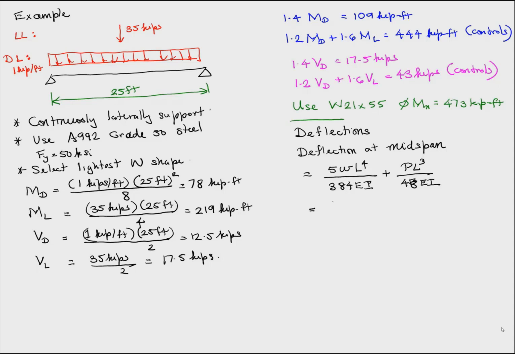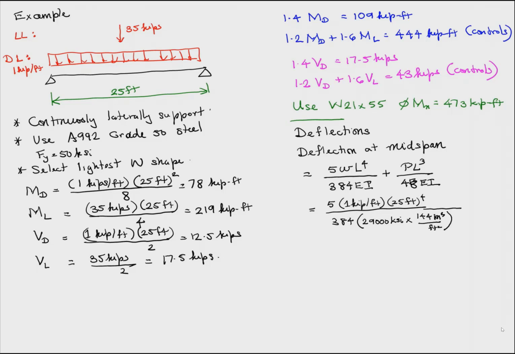So this is going to be 5 times one kip per foot times 25 feet to the power of 4 divided by 384 times E is 29,000 ksi, which we have to convert to per square foot, so 144 square inches per square foot.